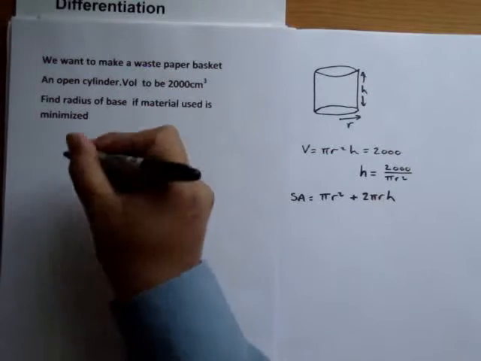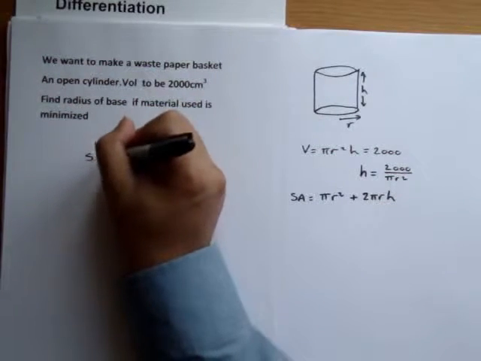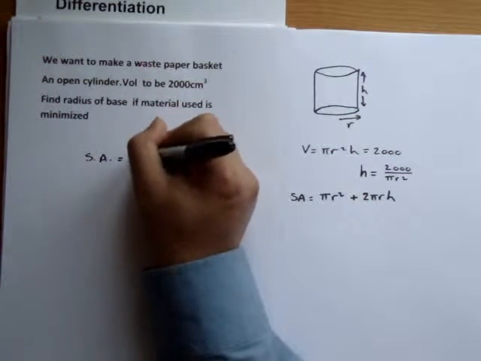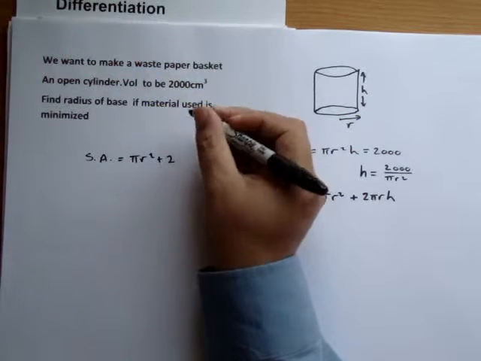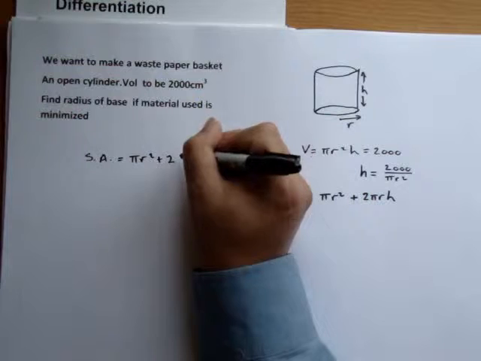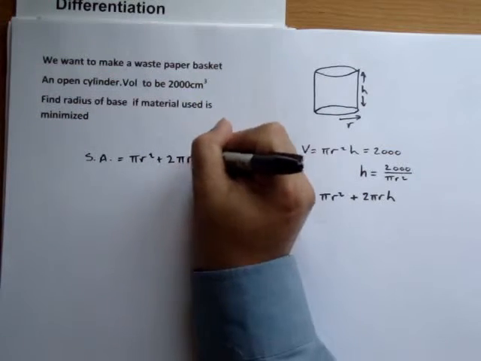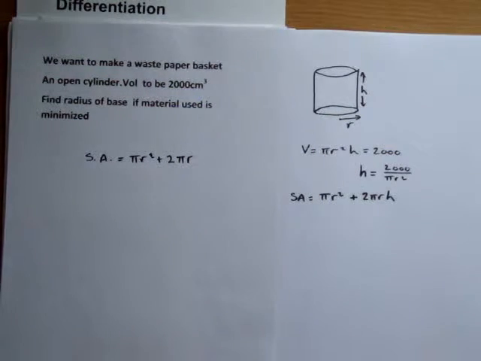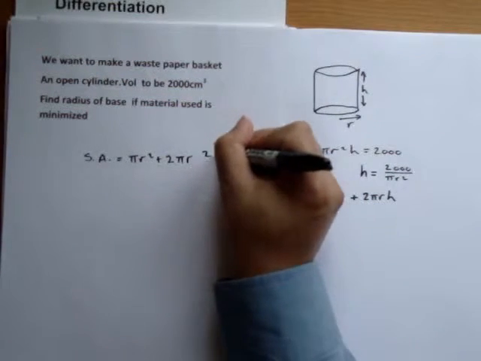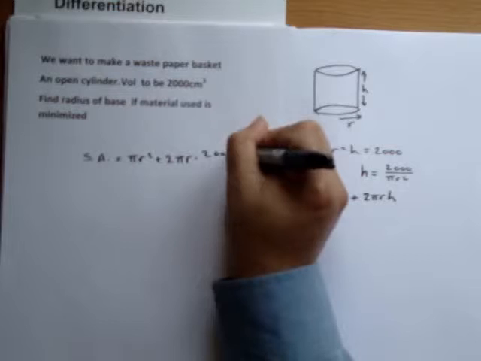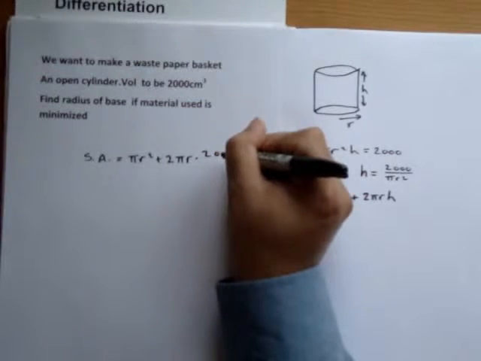So now our surface area equals pi r squared plus 2 pi r, and then our h simply becomes 2000 over pi r squared.